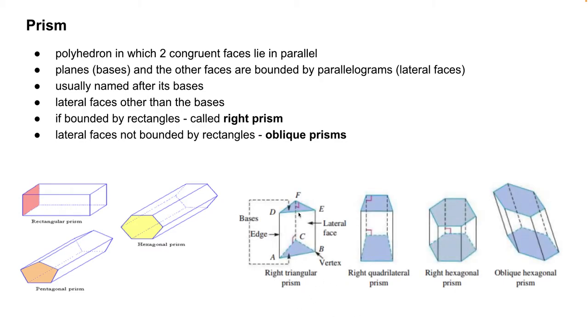Here, right triangular prism. Why is that called a right triangular prism? Because it has triangles as the bases, right? And it is right because the angles between the base, the bottom or top, and the lateral faces are meeting at 90-degree angles.